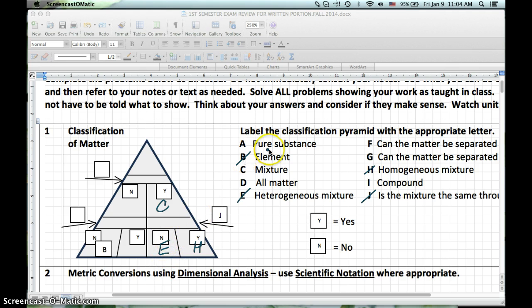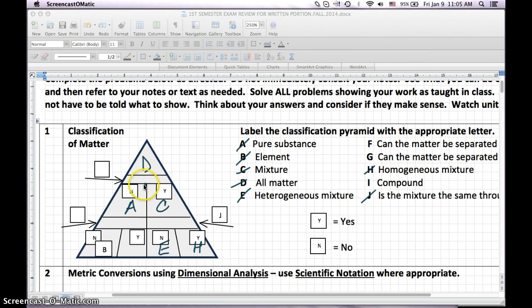Okay, so if you just think about this a little bit, when we classify matter, we're first initially categorizing into two separate areas, either mixtures or pure substances. So once you see this mixture thing here, you can deduce that this area is going to be pure substances. So let's just work up to the top. If this is a classification pyramid, obviously at the top we're going to have all matter.